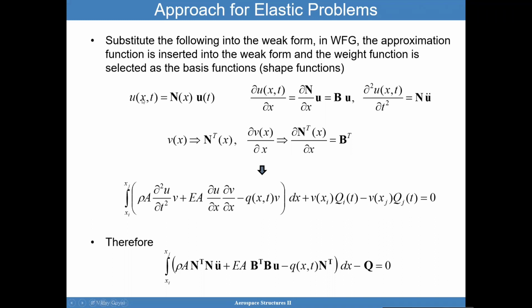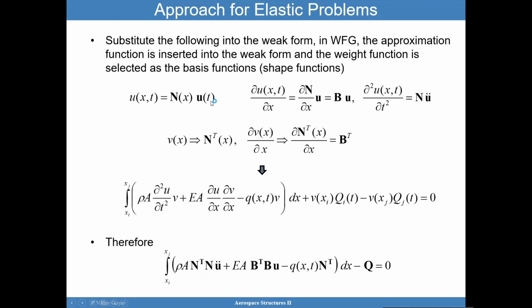U, which is a function of x and time, has been divided into two aspects. We have the shape function, which tells me how U spatially varies over a single element, for which I chose a linear approximation. And u is the unknown deflections, which only depend on time and are located at the nodes.